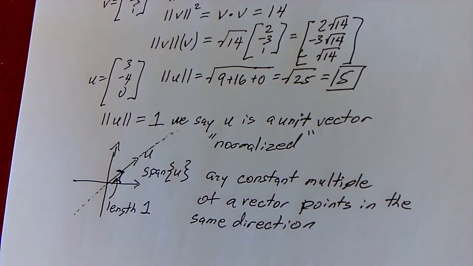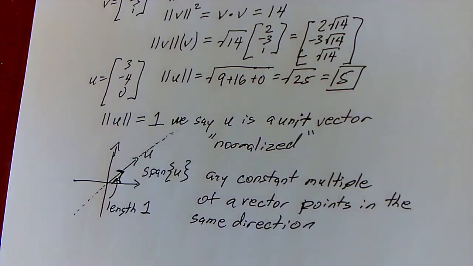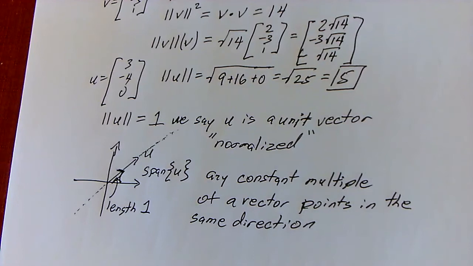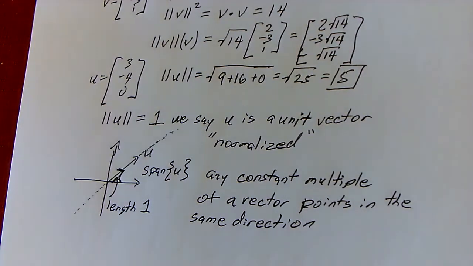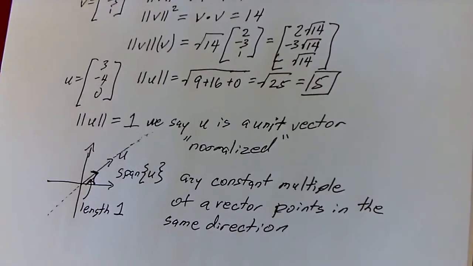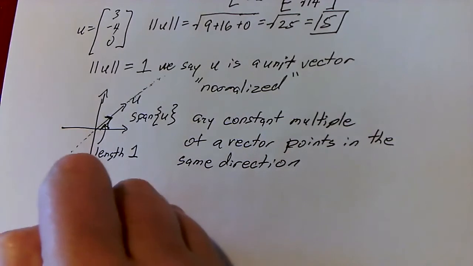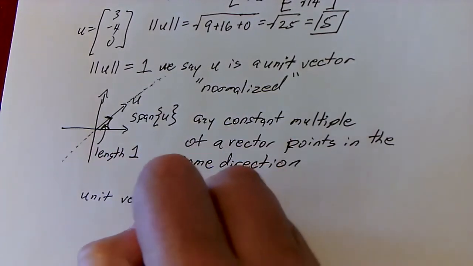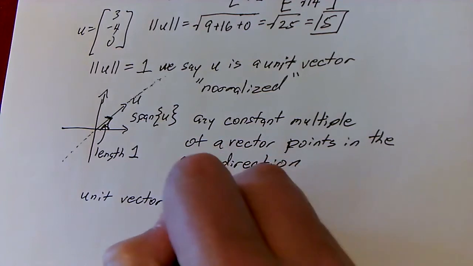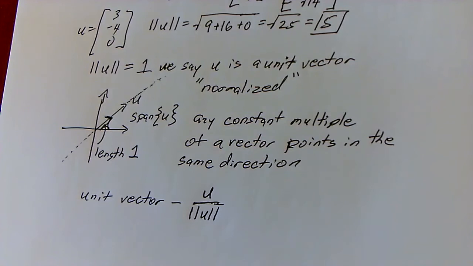Well, I know u's length here, using this u above as my example. u's length is 5. If the length of u is 5, I simply need to divide it by 5 in order to get it to have unit length. So I can get a unit vector by simply taking the vector u and dividing it by its length, which would be its norm.